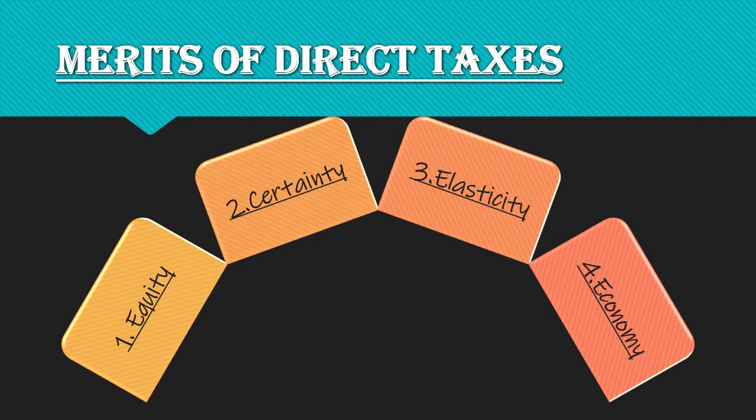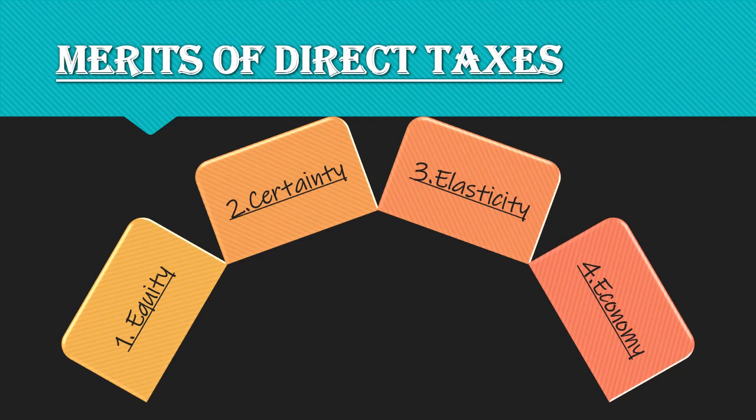So I think you know very well that in our country, our government authorities follow a progressive tax rate. I mean, if the person is earning higher income, then he has to pay the higher tax. And if the person is earning lower income, then he has to pay the lower tax rate. It means actually the burden of tax is on the rich people. So it helps to create an equitable situation for the people.